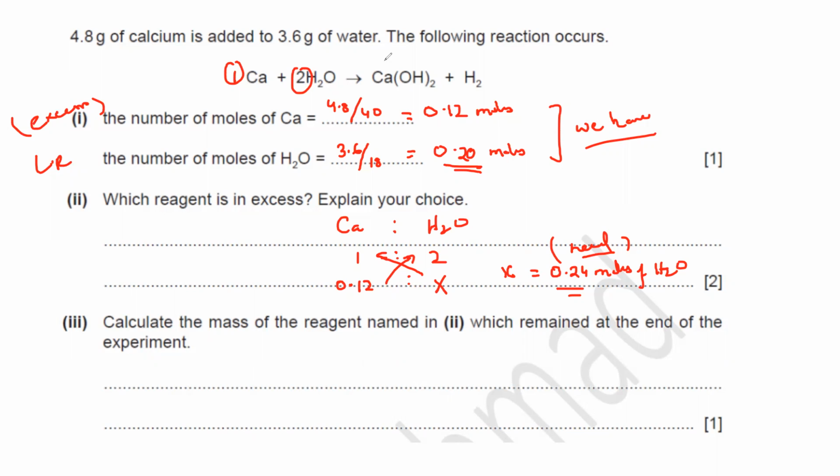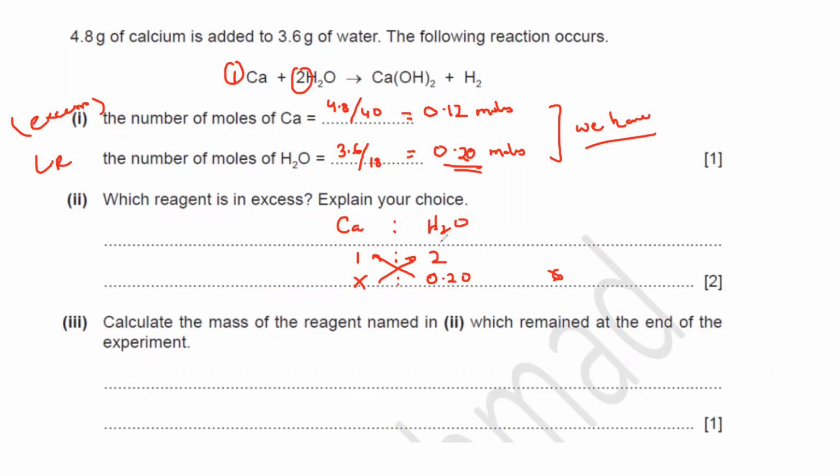You can also solve this question the other way around. 1:2 is the ratio between calcium and water. If I have 0.20 moles of water, how many moles of calcium do we need? X. Cross multiply.